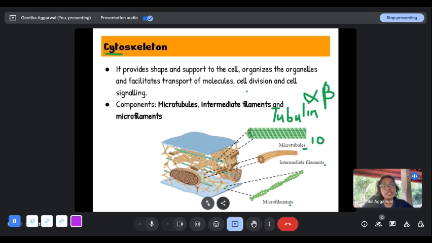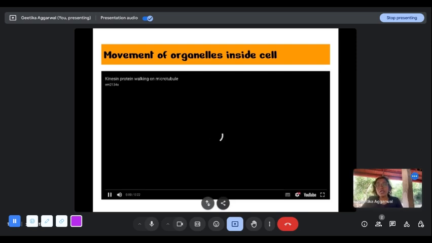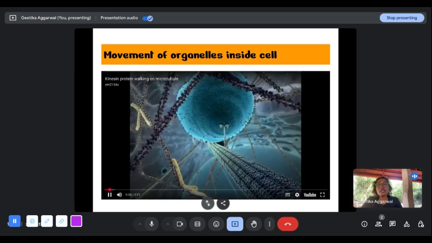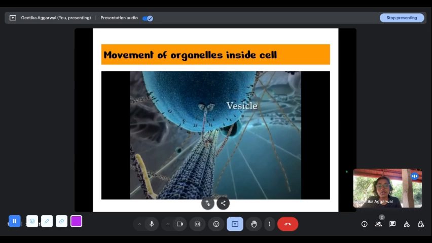And the organelles actually get transported over these microtubules by the movement of proteins over these microtubules. So here is a small clip that shows you how organelles actually move inside the cell. So you can see that here there is a kinesin protein which walks on a microtubule, as you can see in this video.